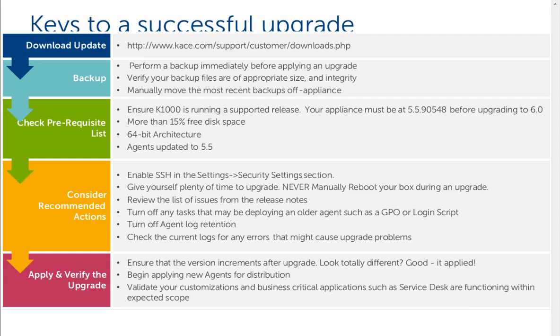I encourage you to read through all of those as well. It's just going to be arming you with that much more information, to prepare you that much better for actually going through the upgrade.